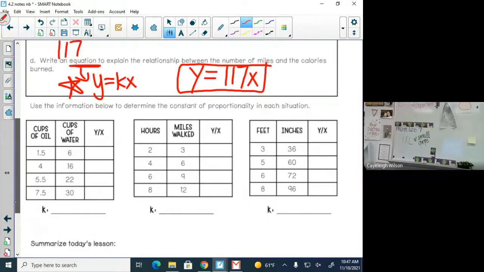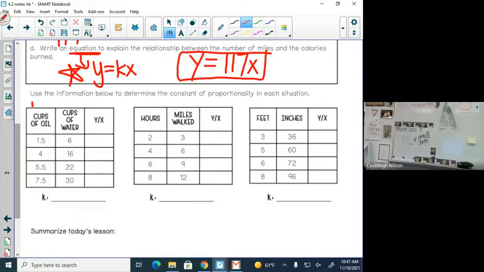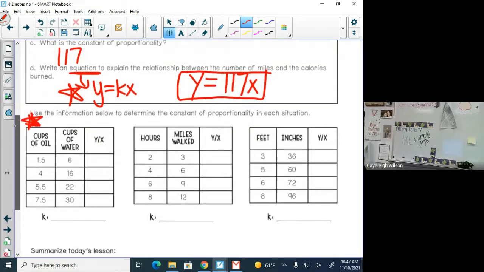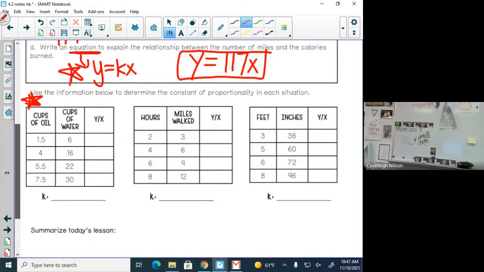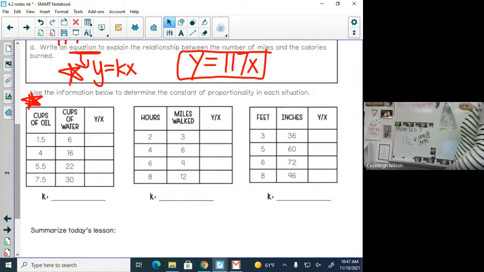All right, I want you all to try this one right here. You probably need a calculator if you don't have one. So it's asking you to fill in the table, and they want to know what the constant of proportionality is and put it on that line K. So find all your ratios of y over x.